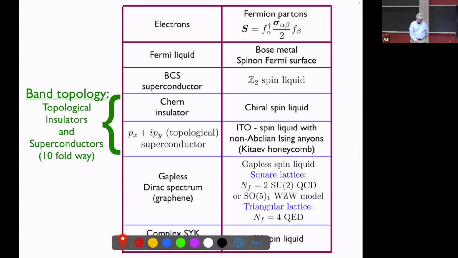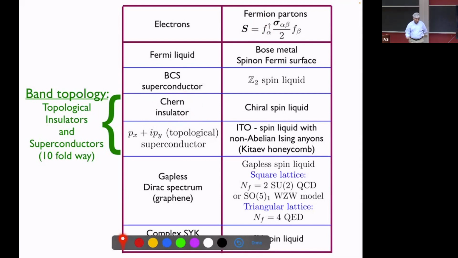Anyway, the simplest example of a topological insulator is a Chern insulator, which has a Chern number. And in fact, that's what I'll talk about today. When you take these fermions, the spinons now, and you put them in a Chern insulator, then you get something non-trivial.